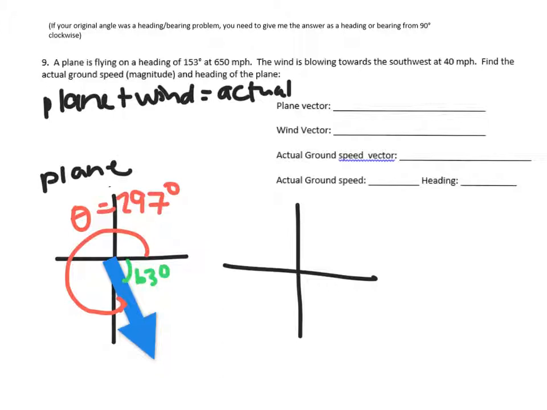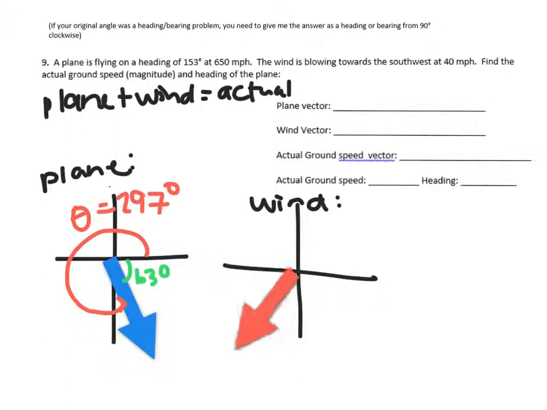And I'll write the equations in a second. For my wind, let me draw a red one. It says that it's blowing southwest. So here's south, here's west.